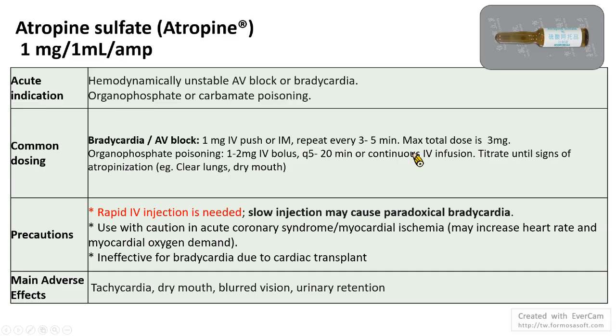And if a patient is a cardiac transplant recipient, atropine will be ineffective for their bradycardia, because the innervation to the AV node is different after the transplantation. Side effects of atropine include, of course, tachycardia, and also antimuscarinic effects such as dry mouth, blurred vision, or sometimes urinary retention.